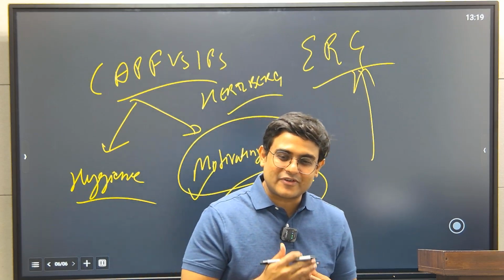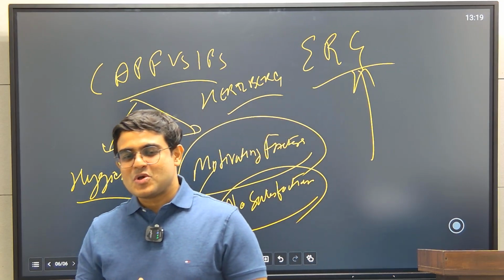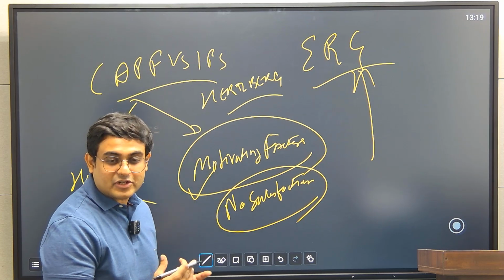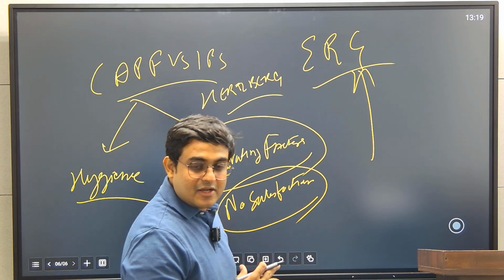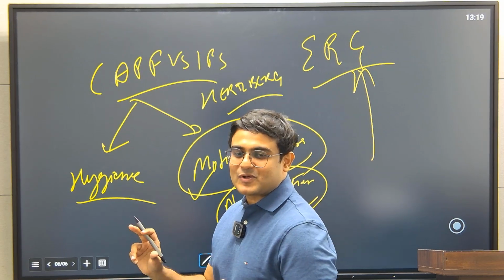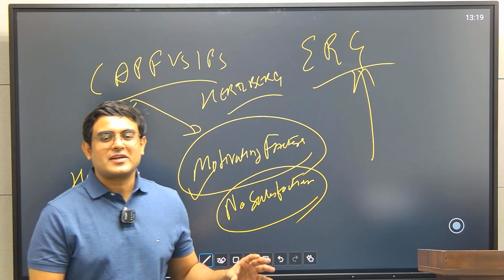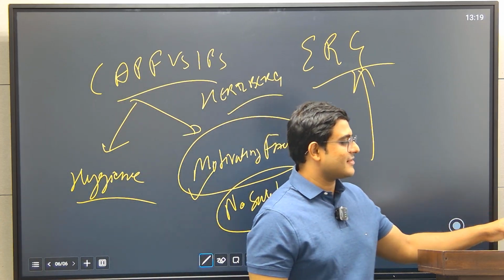If you want to go even further, you can link with the process school of motivation, Victor Vroom's valence, instrumentality and expectancy theory. But there you can also justify how this may not necessarily be the motivating factor.